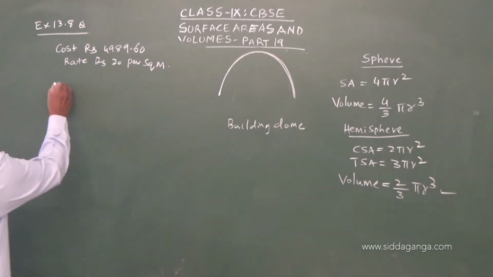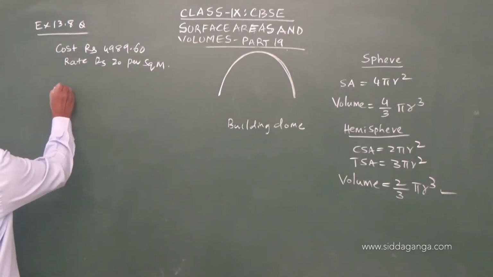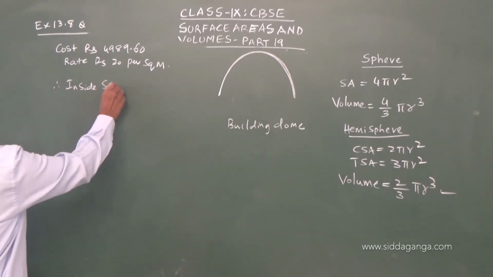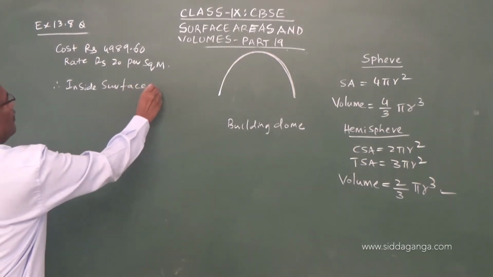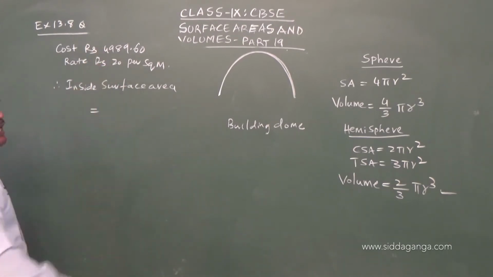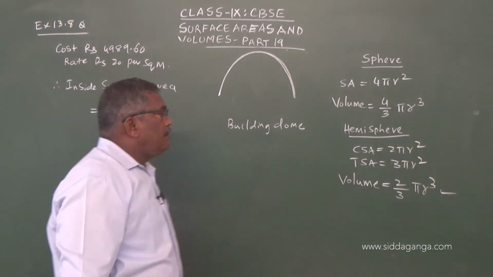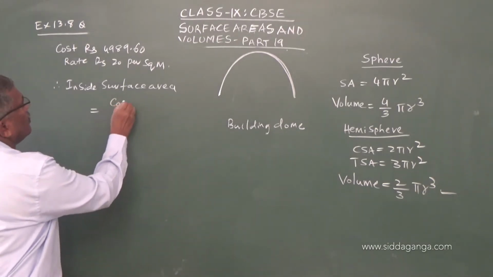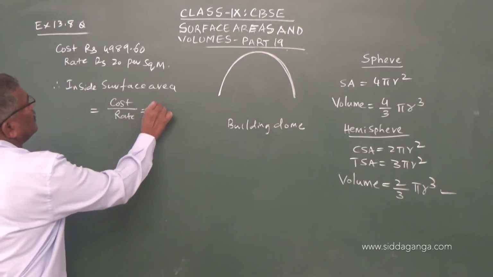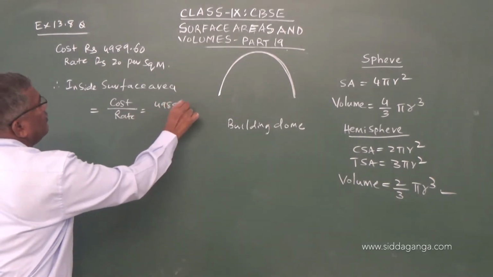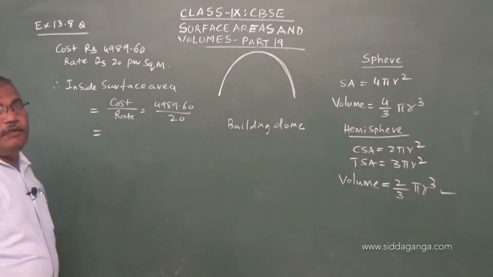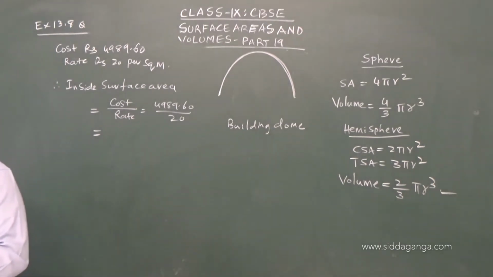Therefore inside surface area will be equal to cost divided by the rate. That is 4989.60 by 20.